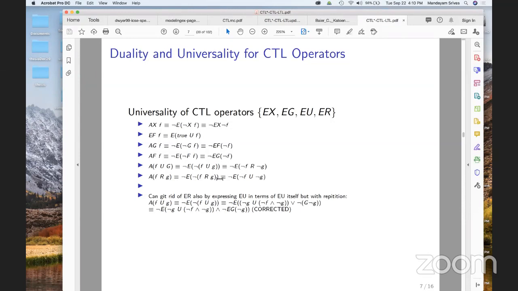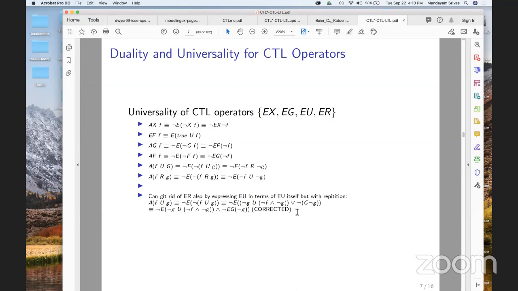Therefore this repetition of multiple instances of not G is not going to be that big a deal, because the model checking method does not require you to get the formula in negation normal form.